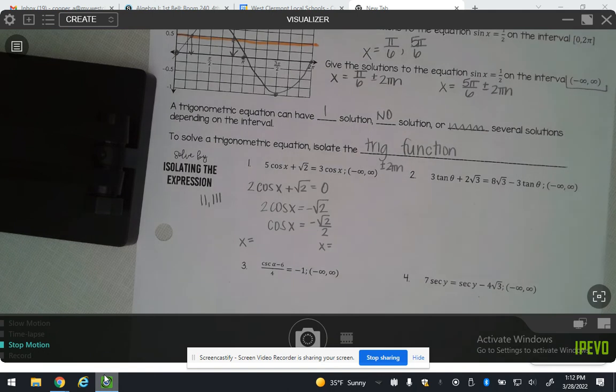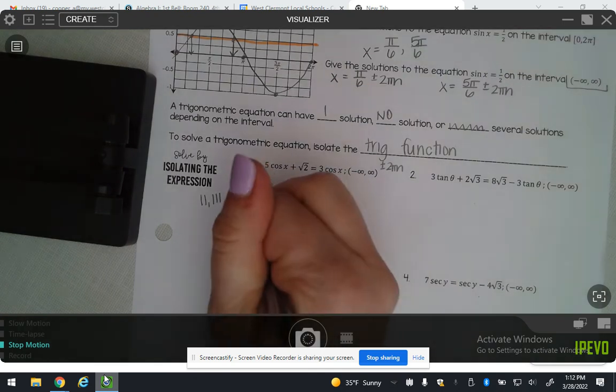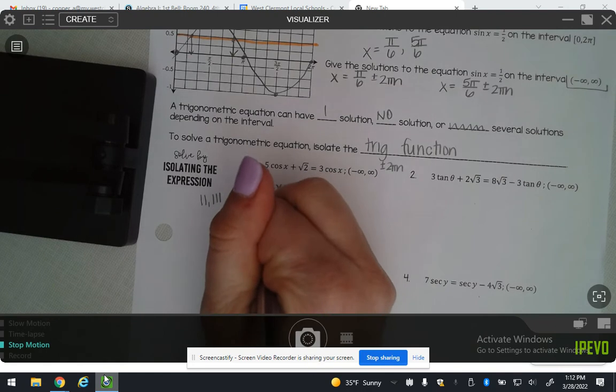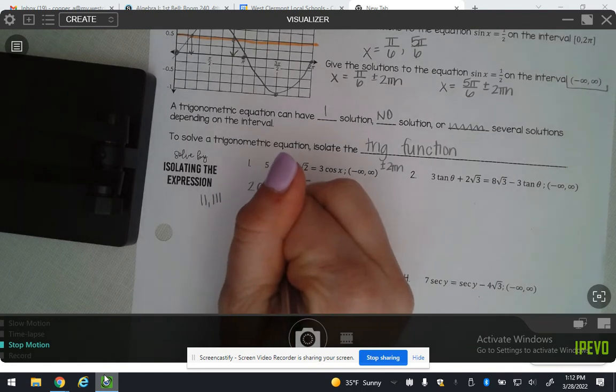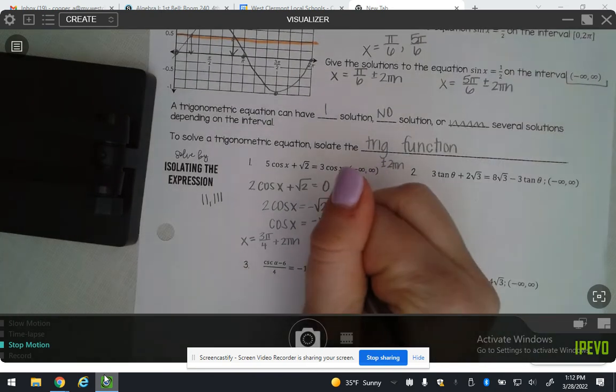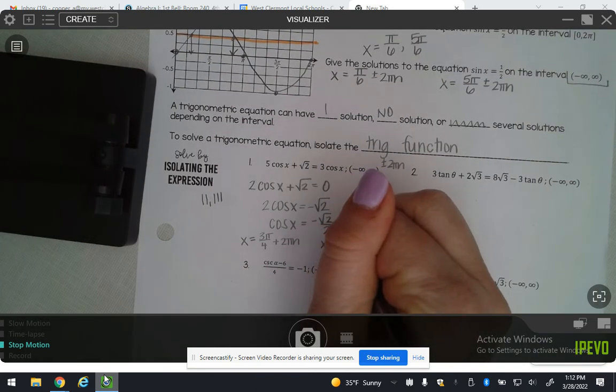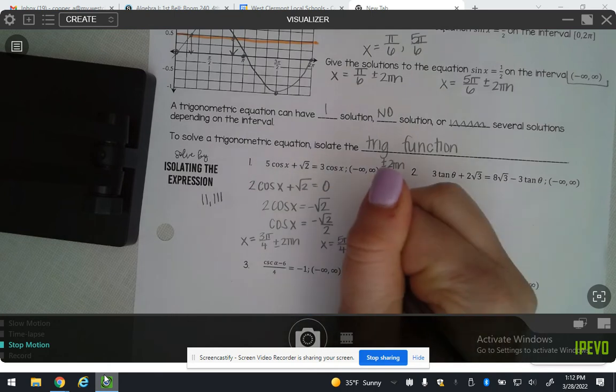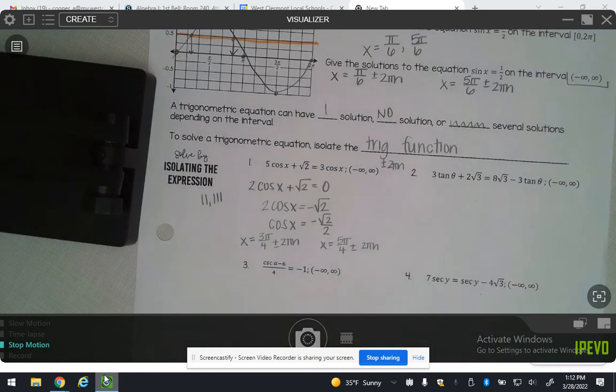How do I get my second quadrant angle? 1 less. So that's going to be 3 pi over 4 plus 2 pi n. And how do I get my third quadrant angle? 1 more, so that is 5 pi over 4 plus or minus 2 pi n.